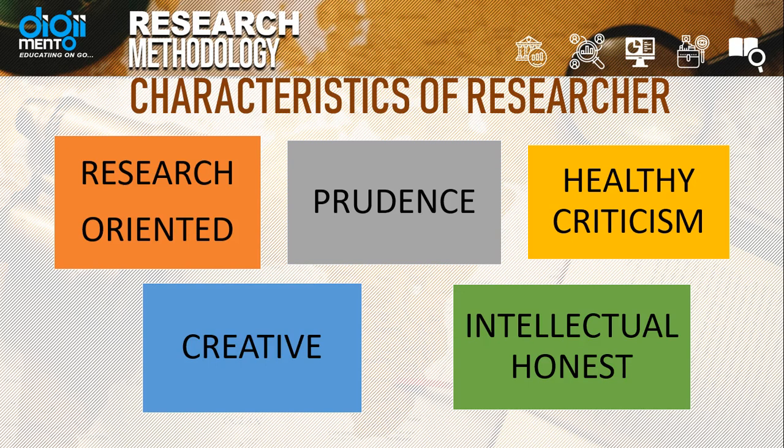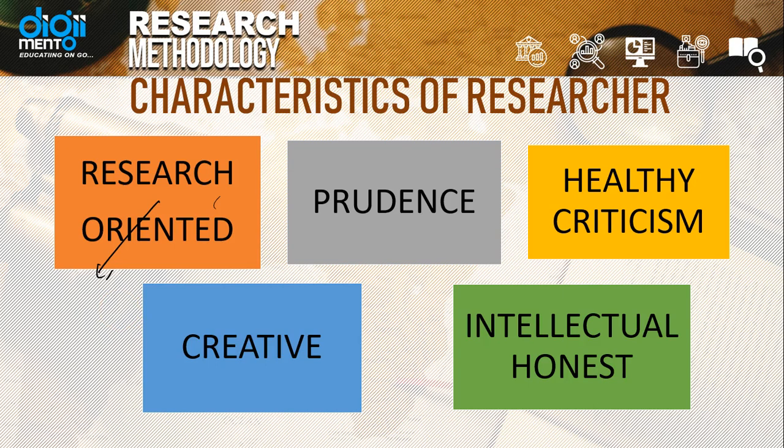So the first one is you should be very research oriented. What does research oriented mean? If you are a researcher, you should take care of deep thinking and inquiry about all the things and situations which keep going around you.